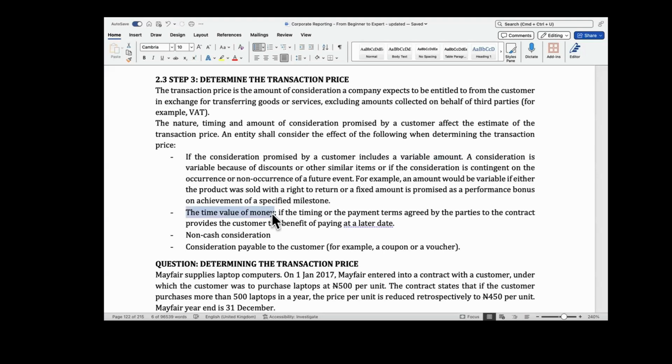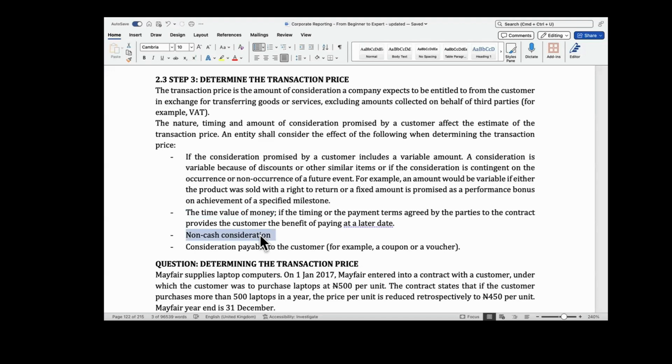So if the credit period you are giving to the customer is so long, then you have to consider time value of money. And also there are some transaction prices that would be non-cash, so it's possible.